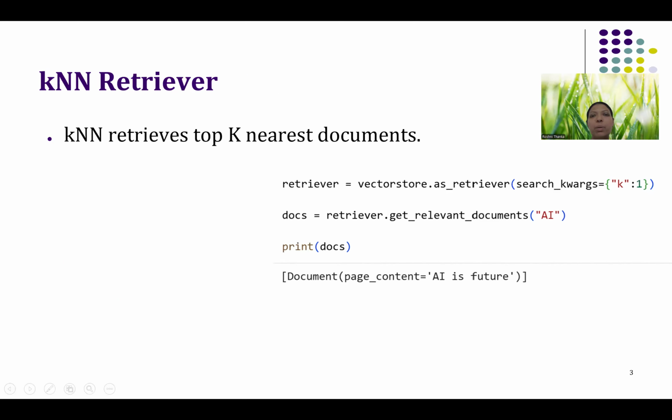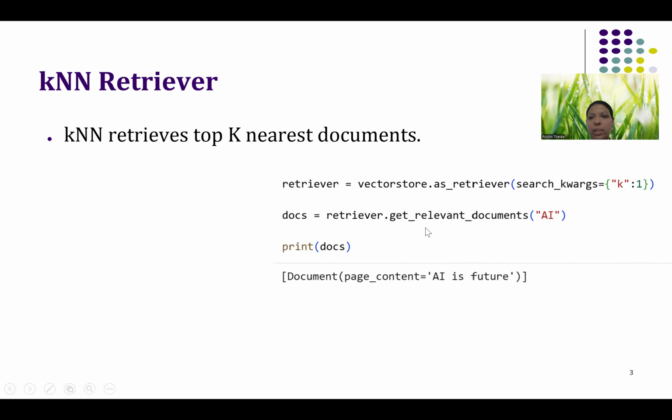KNN retriever: we know in machine learning you might have learned about KNN, that is K nearest neighbor, right? So here also K represents how many nearest neighbors are to be considered when we retrieve information from an external document. Here I have specified the K value as 1, and I'm creating an object for the retriever. Here I am asking a query given by the user, that is on AI.